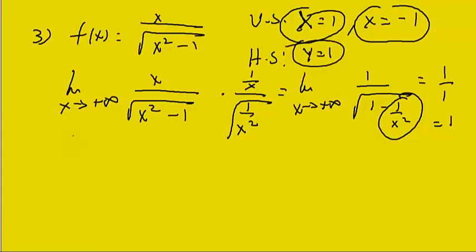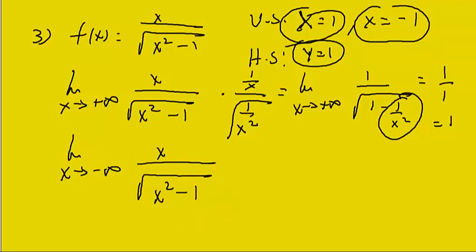Then I got to check the limit as x goes to negative infinity of x over square root of x squared minus 1. And if you do the same thing, you would be wrong. What's wrong with this picture right now? This is not positive 1, this is really negative 1 because you're using negative numbers.